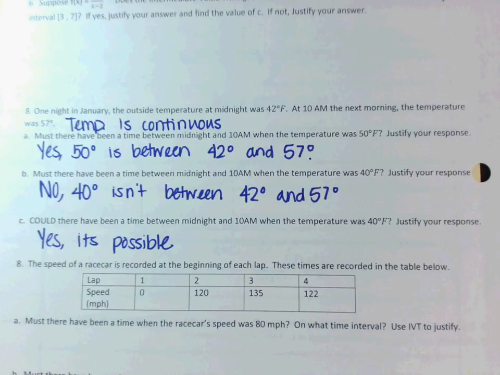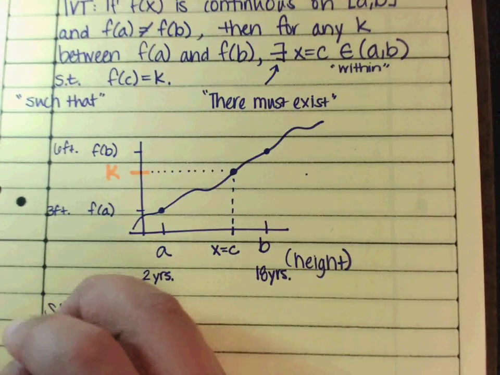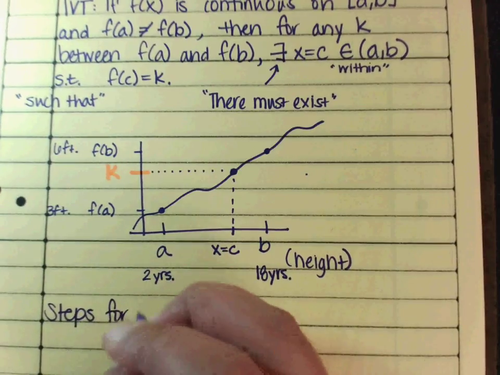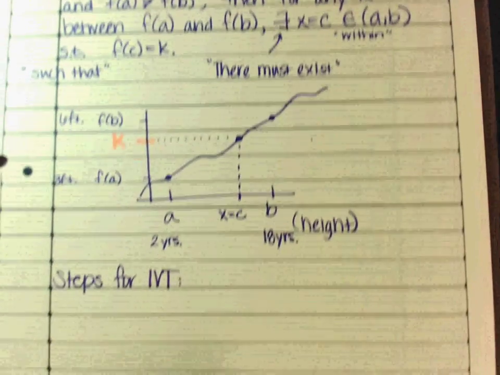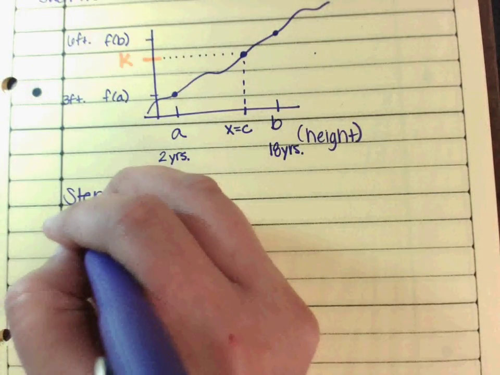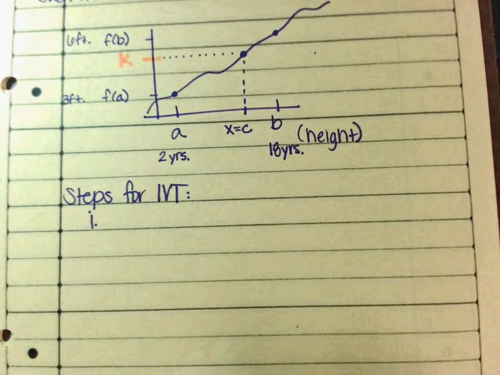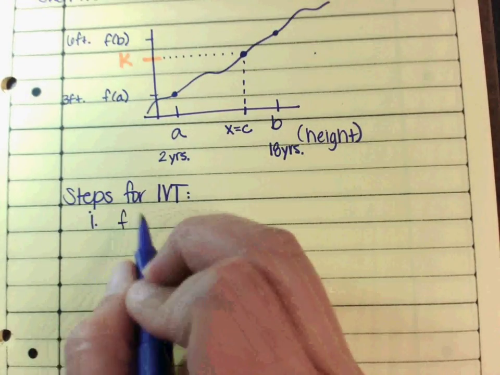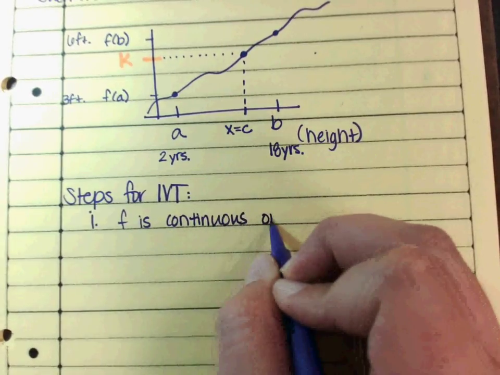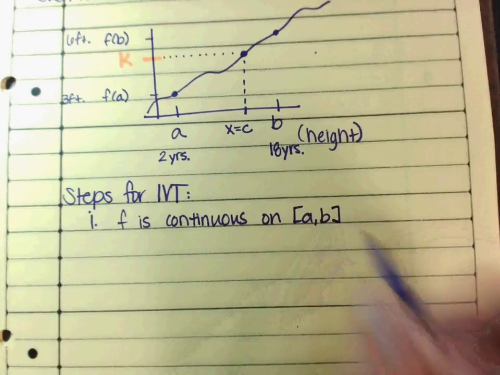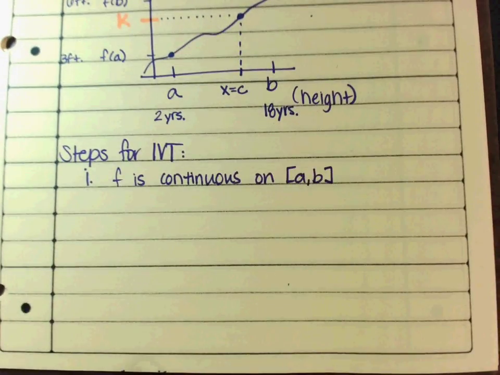Okay? All right, we are going to break this down into steps, just like we did last week. So, steps for IVT. The first thing that you have to check is that your function has to be what? Starts with a C. Continuous. Okay, f is continuous on A to B. Now, for most functions that we're going to do today, that's going to be true.